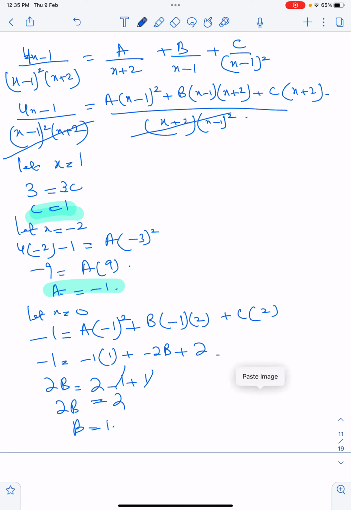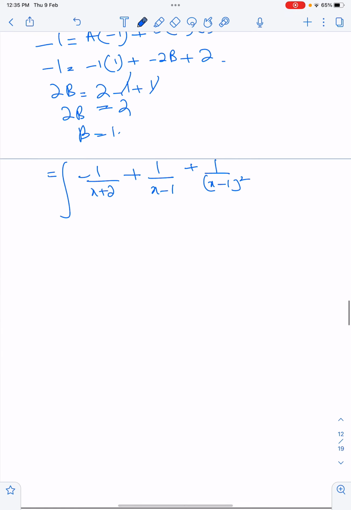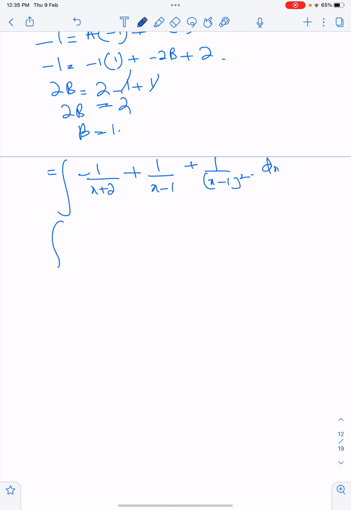Let's plug in the value of a, b and c into this, and then we're going to start with the integration process. A is negative 1 upon x plus 2. B is positive 1 upon x minus 1. And c is 1, so 1 upon x minus 1 the whole square. Let's integrate this whole thing. I'm separating them.